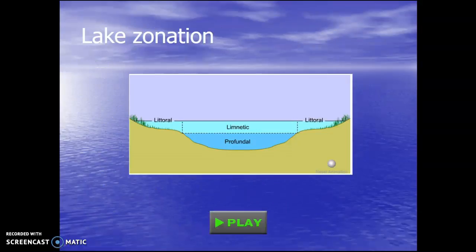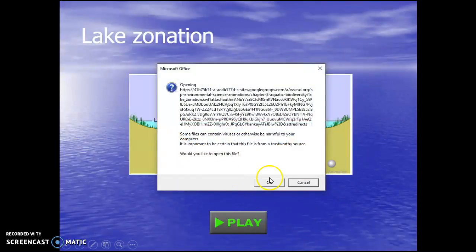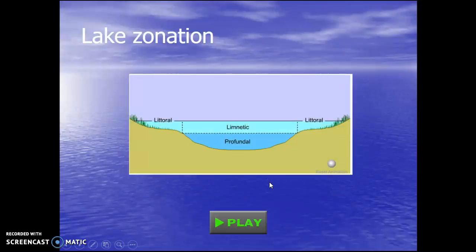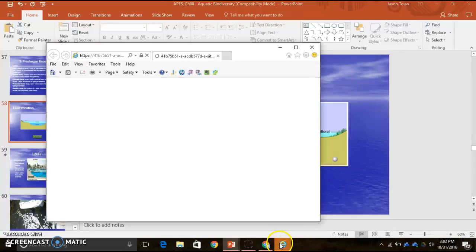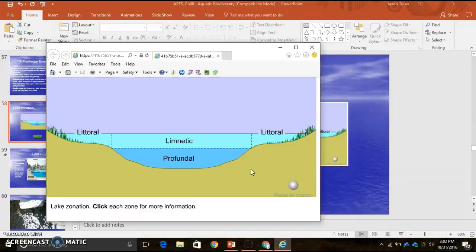So let's get right to a diagram and take a look at it. All right, so here we have a lake zonation diagram, and if I open this animation for just a brief second, I'll see here that this is broken up based mostly on sunlight and location. So the edge of the lake, near the water's edge to where rooted plants grow, that's going to be our littoral zone.